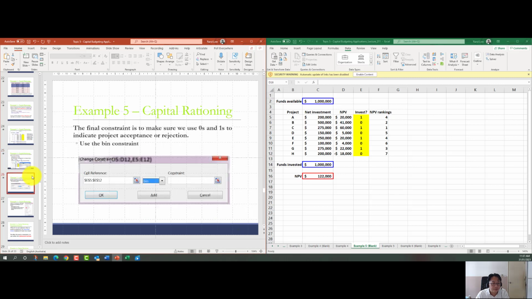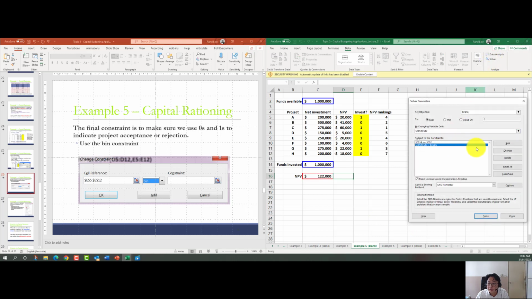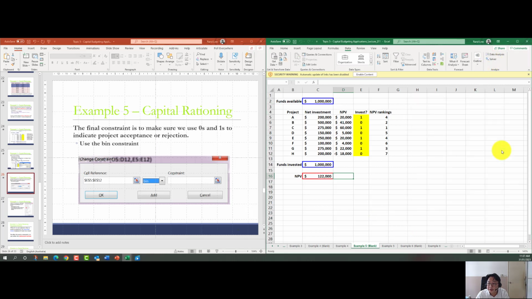The other things we want to be cognizant of with solver: make sure the constraint is just typed in as binary. Alternatively, you can have it as the bin constraint over here as well. That's how we can make sure it's zeros and ones.